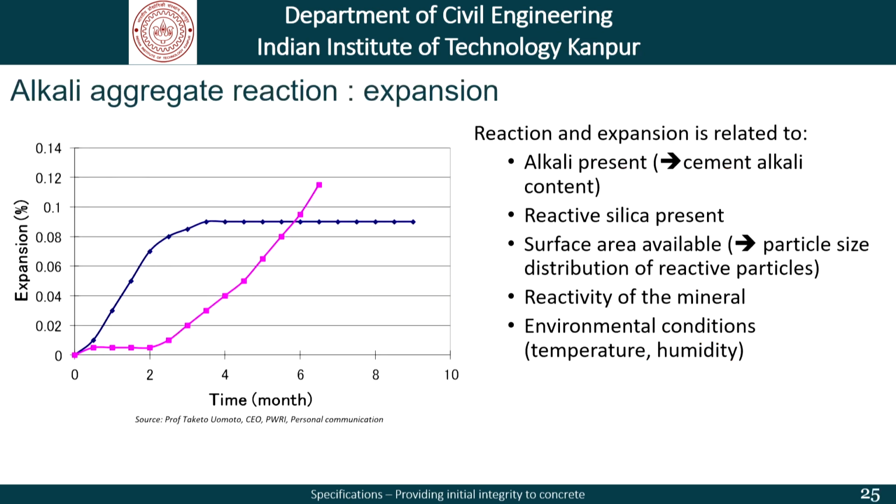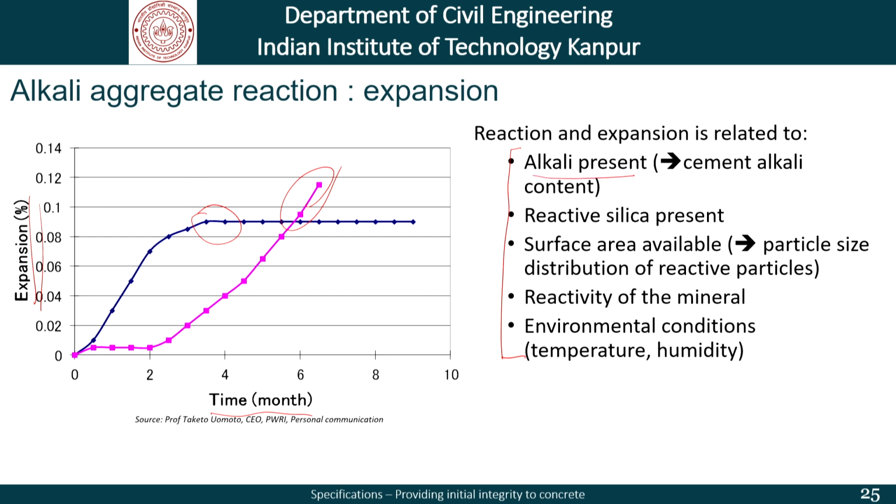So, moving on, as far as the expansion is concerned, this is a schematic representation of how the expansion moves as far as months is concerned. Now, this obviously is in a very controlled environment and accelerated tests. You can see that the expansion could be as much as about 0.09%, it could even exceed 0.1% at times, and this expansion and reaction is related to several factors.